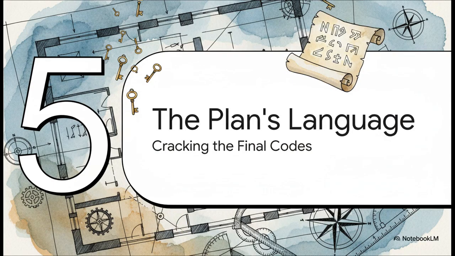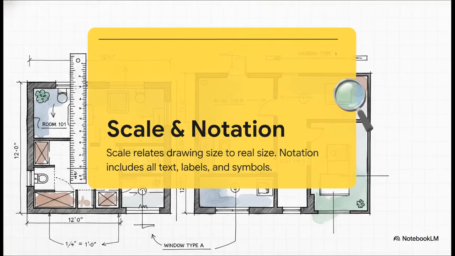We're almost there. We've covered all the big pieces. Now it's time to learn the last few bits of the secret language that ties everything together. Two really key concepts here are scale and notation. Scale is just the ratio that tells you how the size on the drawing relates to the actual real-world size. And notation is just a fancy word for all the text, all the labels, and the symbols on the drawing that give you extra details.